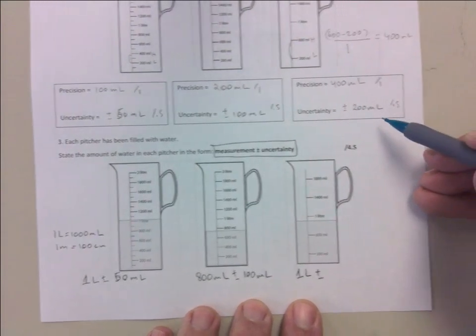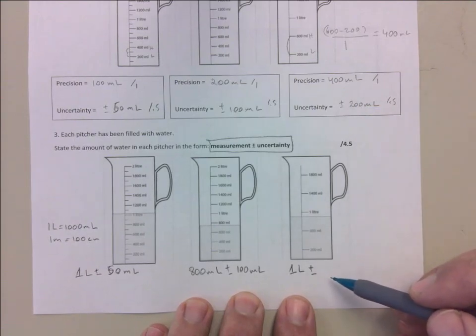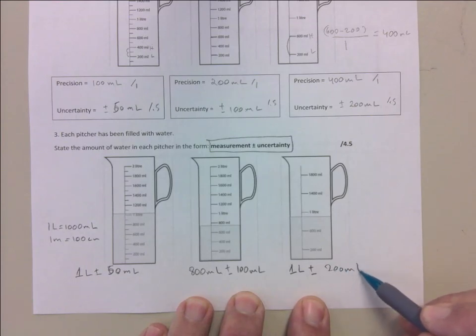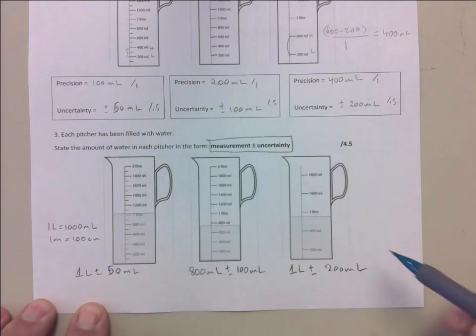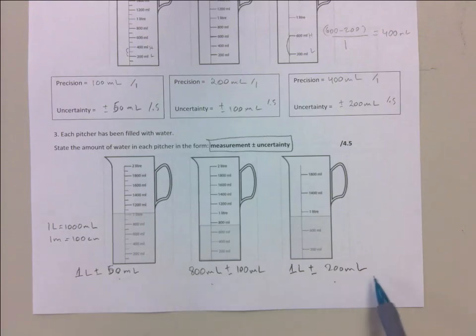So if I see you using the uncertainty you used before, you get the mark no matter what, okay? 1.5 for each entry. So make sure if there are units missing, you take off at least a half mark at one point, okay?